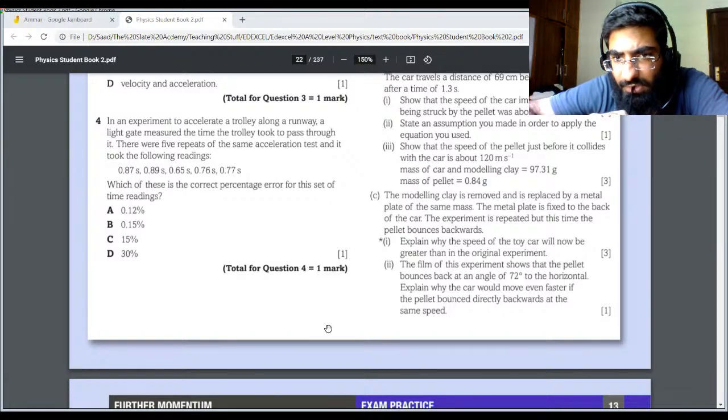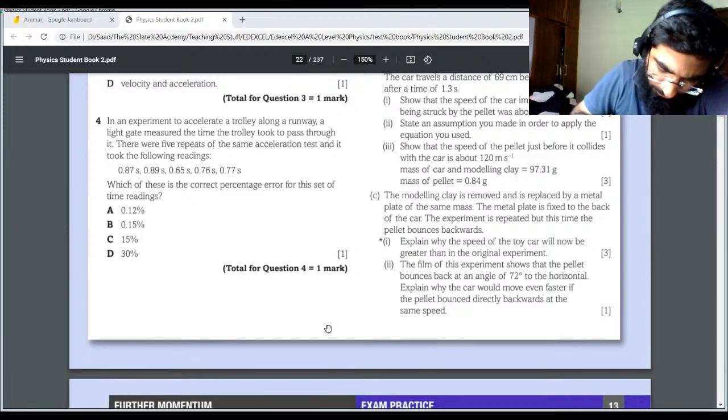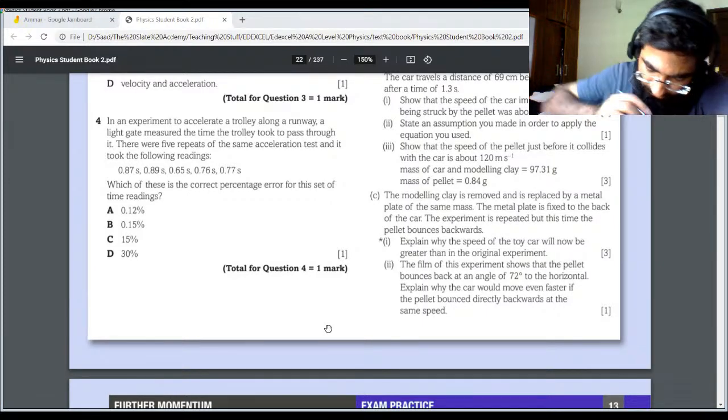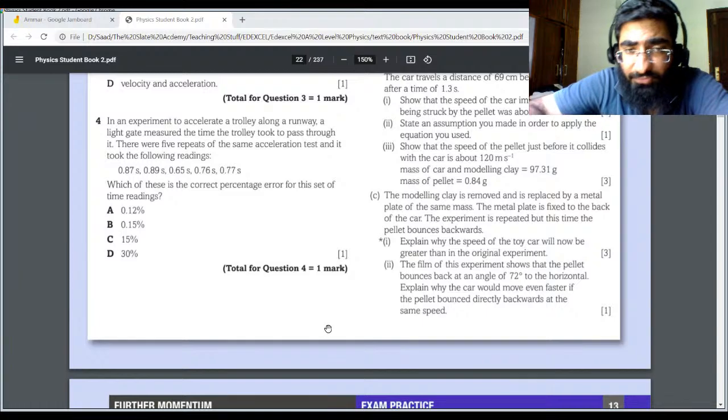Pellet bounces back. It does not increase the momentum because it's going back. So previously it was momentum of car plus momentum of pellet.